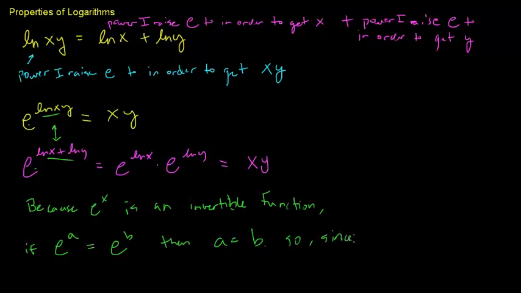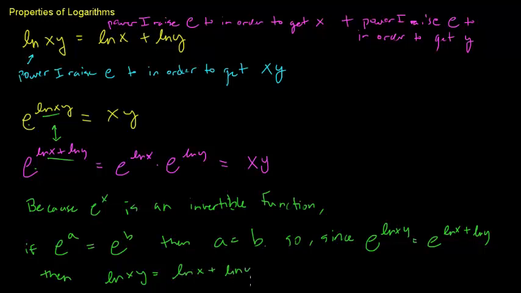So, since e to the natural log of xy equals e to the natural log of x plus natural log of y, we must have that natural log of xy must be equal to the natural log of x plus natural log of y. Now this doesn't just work for e to the x.